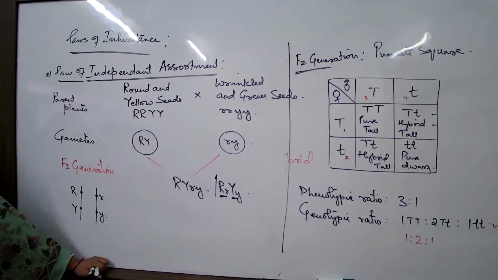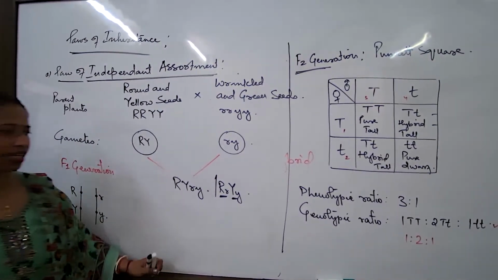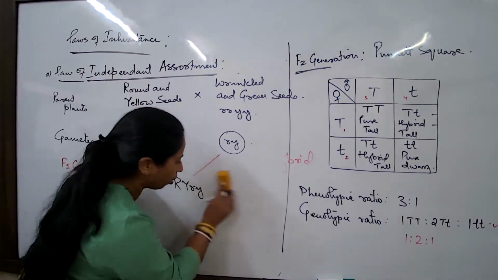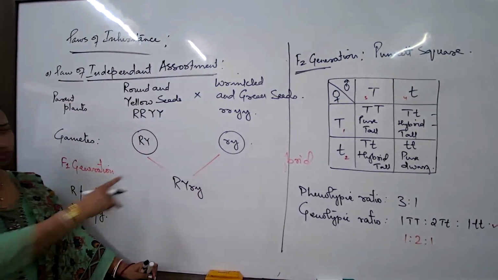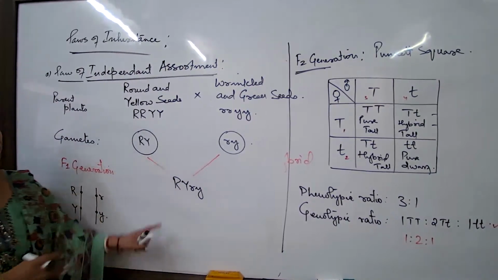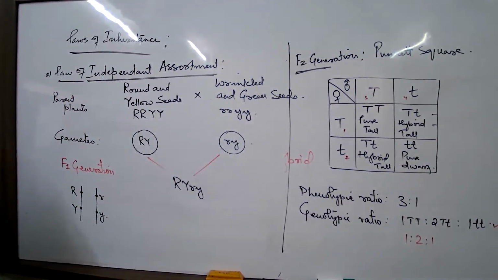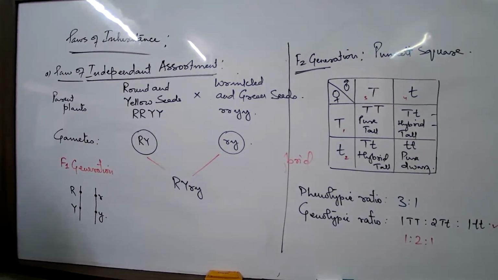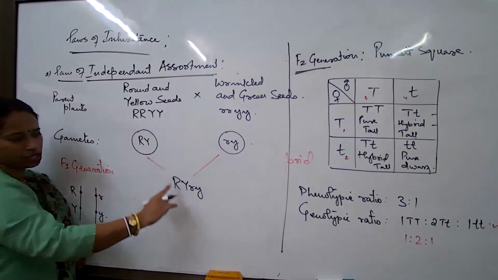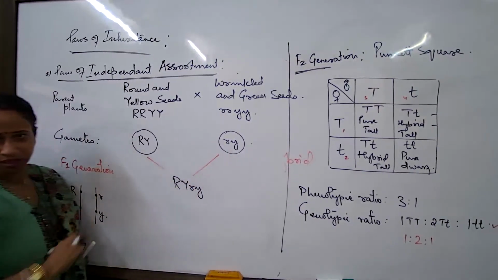You can write by pair of allele or by chromosome. I would ask you to follow this method. Not a problem, you can go by the other method also. But when you go by this method, the chances of error are reduced. Straight away this chromosome I write, and then this chromosome I write.